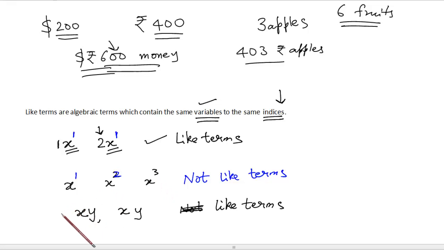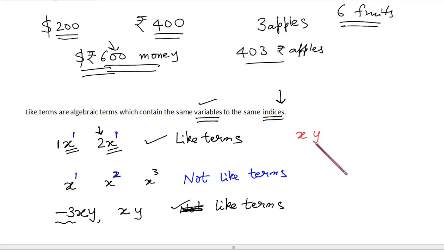And suppose if I write a -3 in front of it, still they are like terms, because like terms are not dependent on the coefficient. It only depends upon whether the variables are the same or not, or whether they are multiplying in the same manner or not.